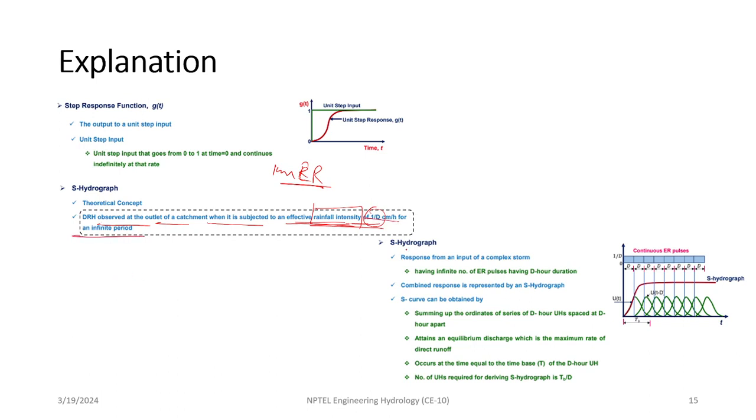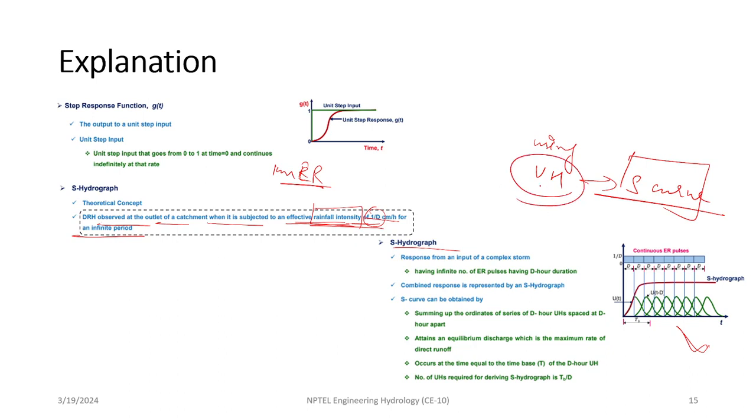Here some more points have been added. Now you can see how they are deriving this S curve. This picture demonstrates the fact that using multiple unit hydrographs, we can derive the S curve also. You will have some questions where, if we are superimposing unit hydrographs, we derive the S curve.